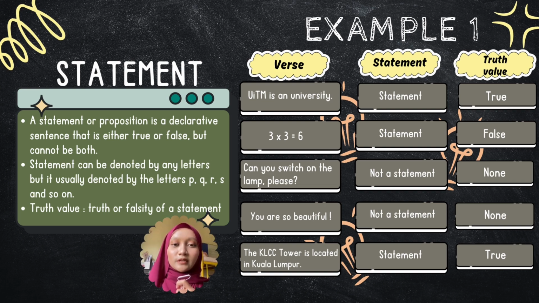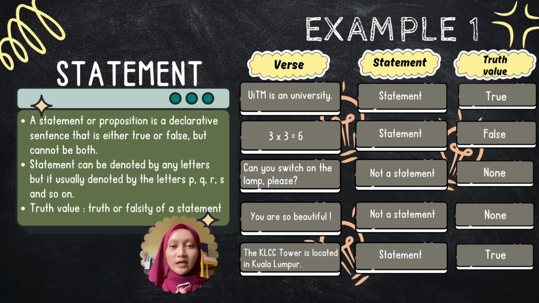Based on example 1, we are analyzing different sentences to determine whether they qualify as statements and what their truth values are. For instance, "UiTM is a university" is a statement because it declares a fact, and its truth value is true. Similarly, "KLCC is located in Kuala Lumpur" is also a statement, and the truth value is true.